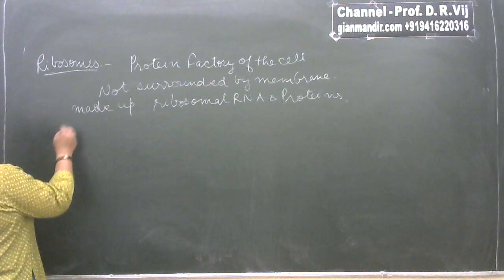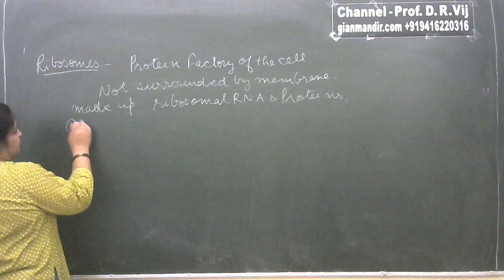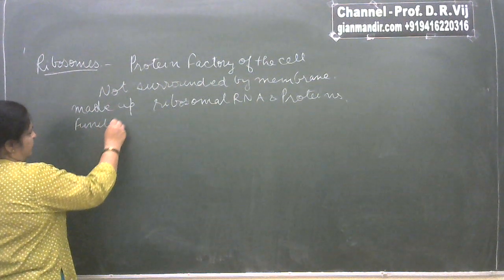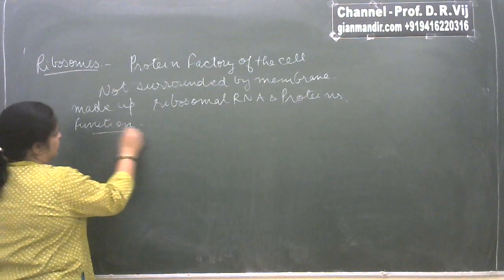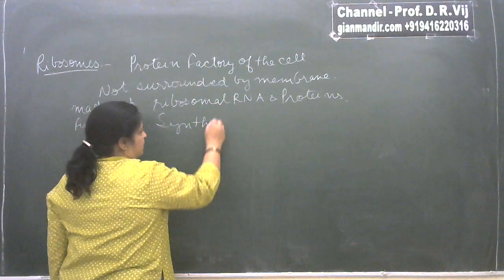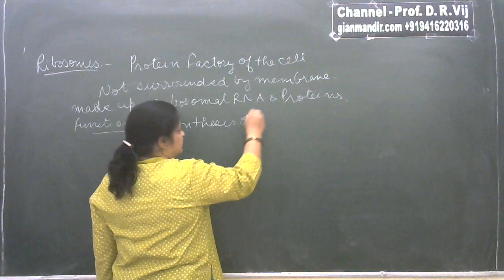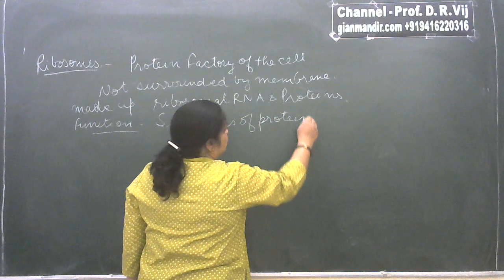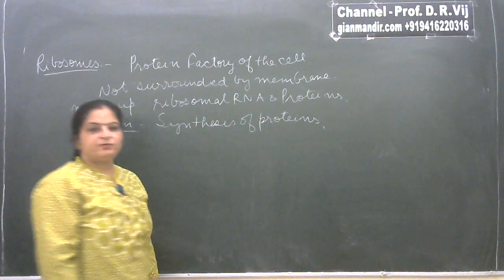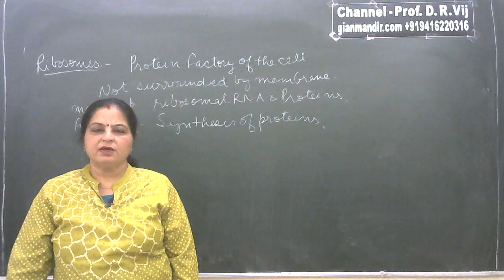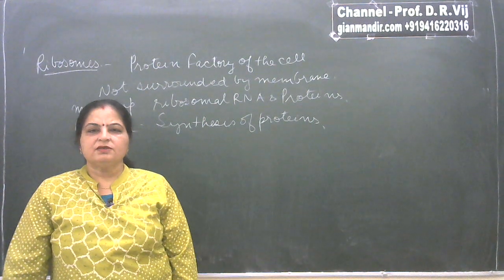And of course, if you look at their functions, their function is synthesis of proteins. And due to this protein synthesis, these ribosomes are also known as protein factory of the cell.